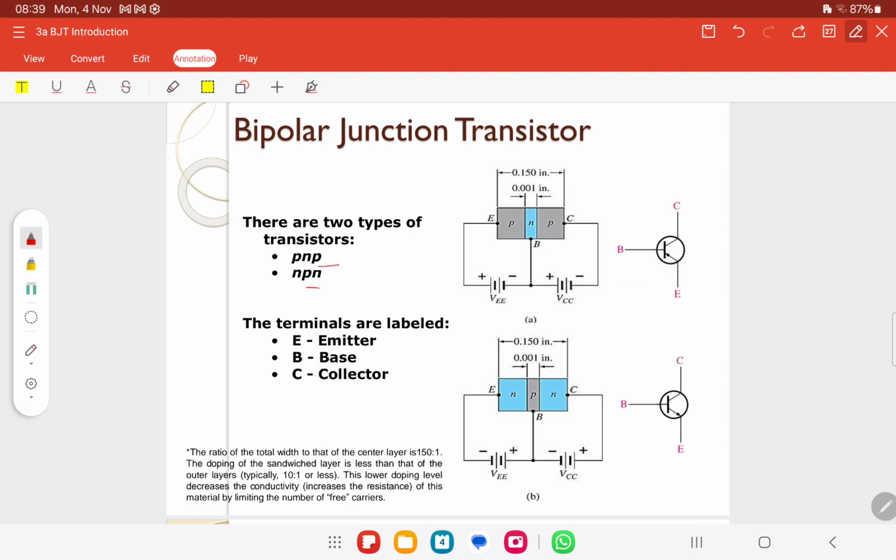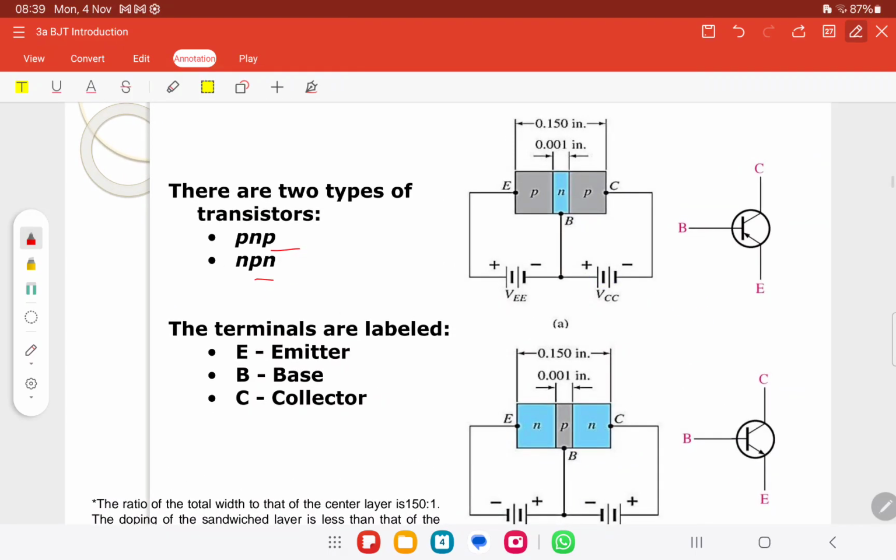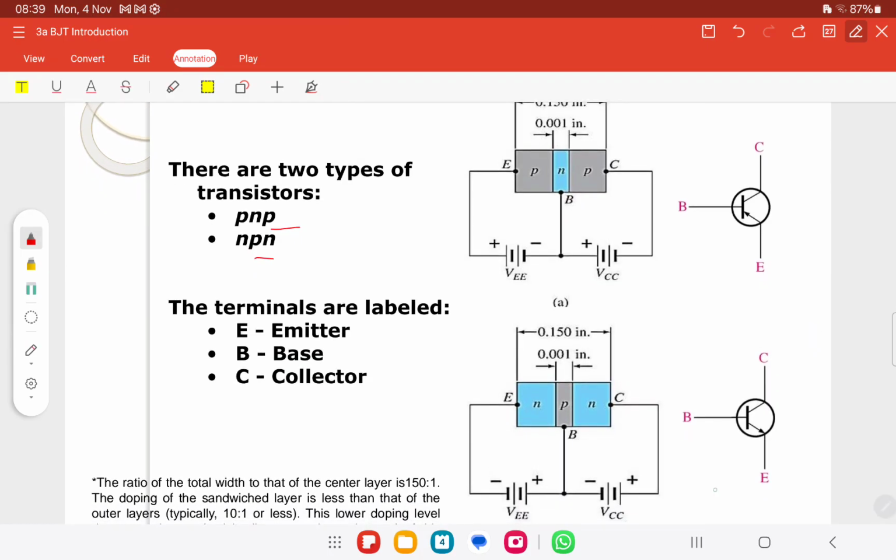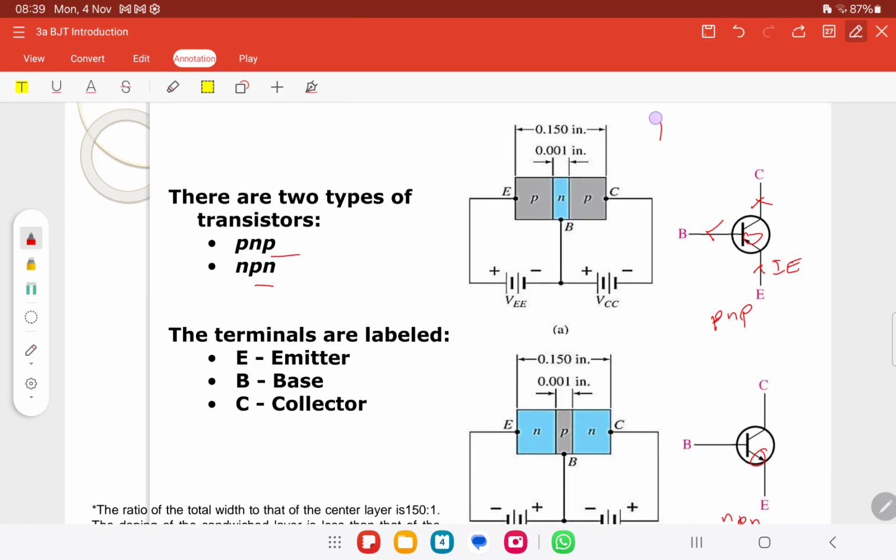Okay, apa yang beza for PNP and NPN ni? This is PNP. This is NPN. Ni kan? Okay, kalau untuk PNP, IE akan masuk, dia akan keluar. Tapi dia still carry the same, IE equals to IC plus IB kan.